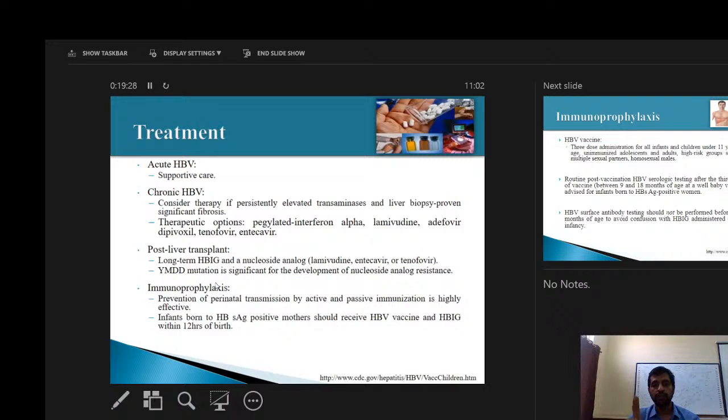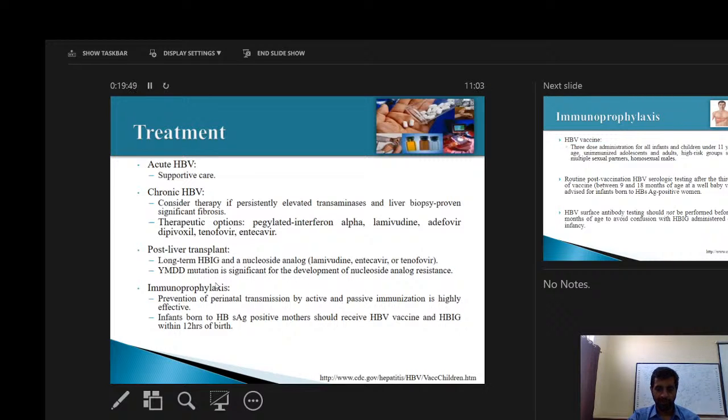Pegylated interferon you don't give post transplantation because it increases inflammation and immunity. After you transplant, the transplanted liver itself is a foreign body. If you give interferon and boost the immunity, the liver itself may get damaged. So you give only nucleoside inhibitors post liver transplantation.